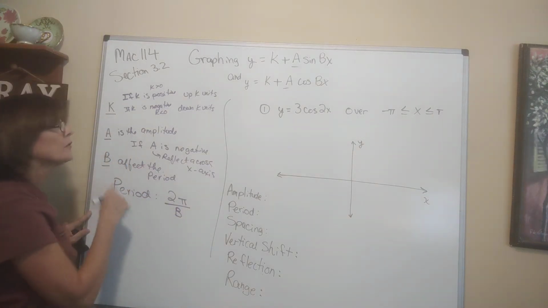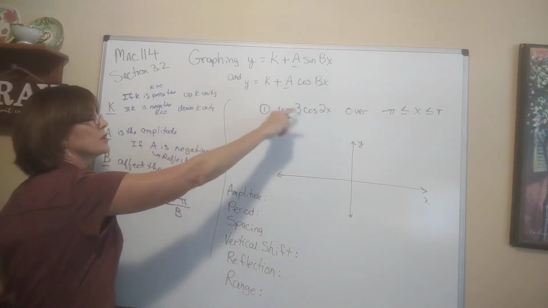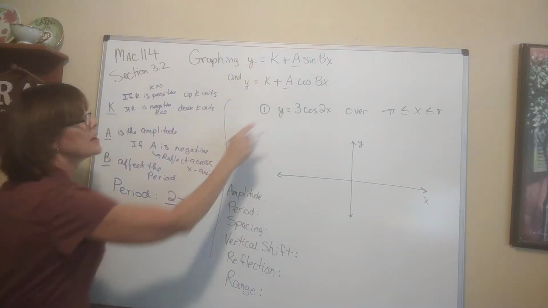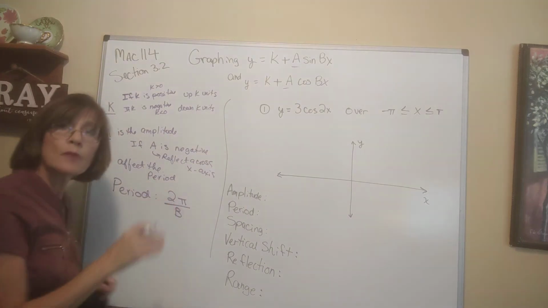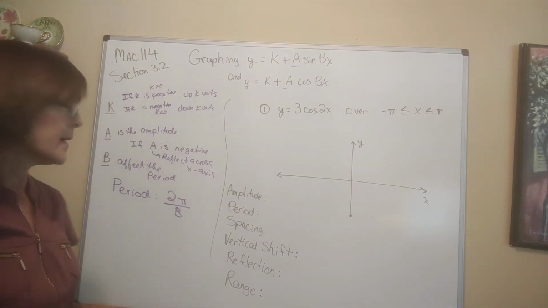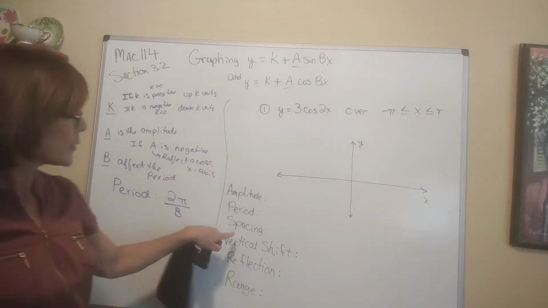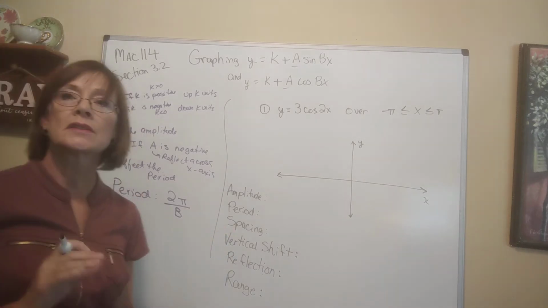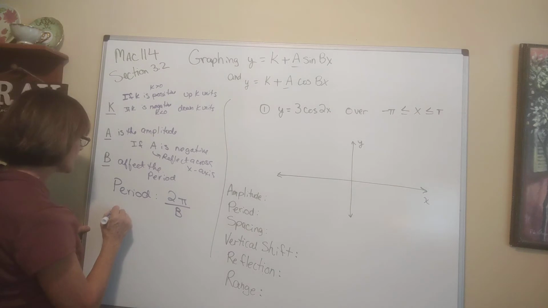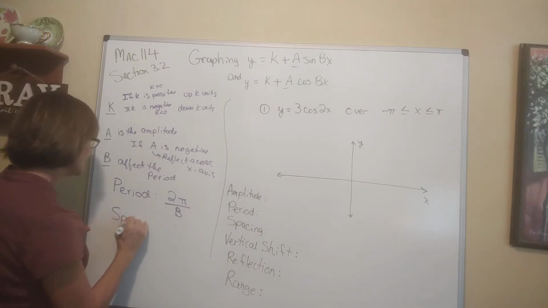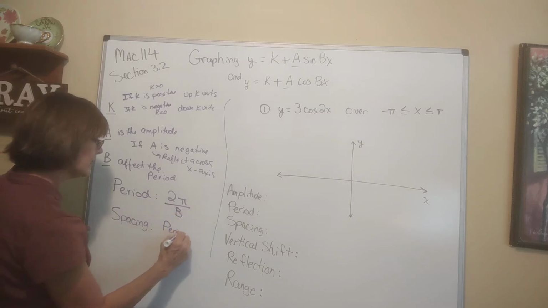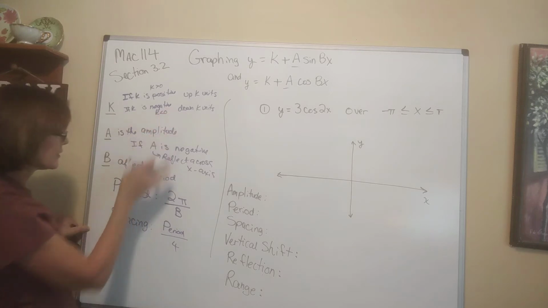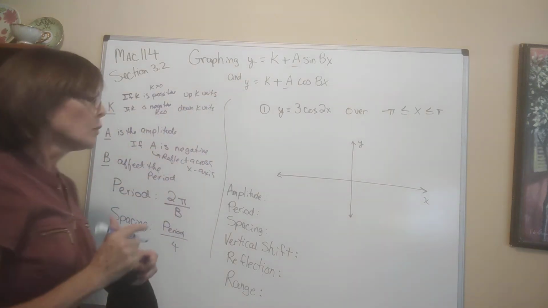So how we can figure out the period for our function is to take the number in front of the x, which is the B, and take 2 pi and divide it by that, and that will tell us our period. There's another word on here, spacing, we're going to need to know. The spacing, which we probably talked about when I introduced these, the spacing can always be found by taking whatever we got for this period, take the period, and divide it by 4. So in general, this is how these little working parts work.